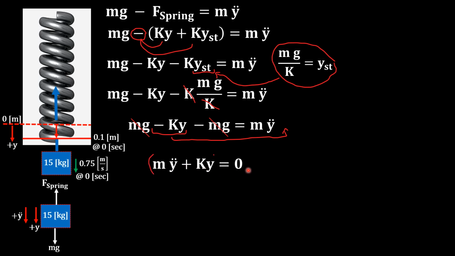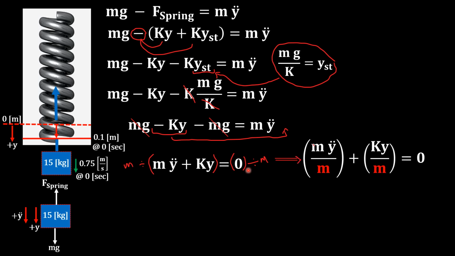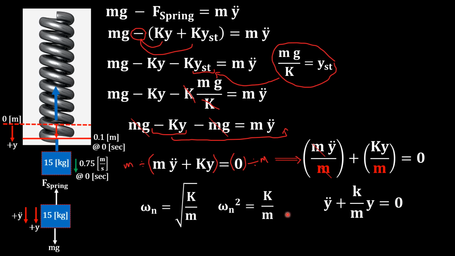So now what we can do is we can divide both sides of the equation by mass. And that will give us mass times acceleration over mass plus k times y over m equals 0. So the mass will cancel with the mass, and we can rewrite acceleration plus k over m times y equal to 0.